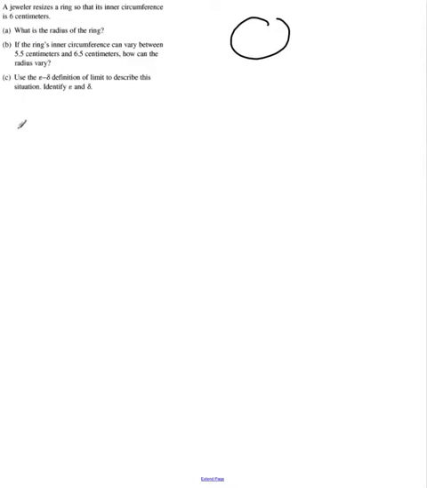All right, let's just do the simple one first. You know the circumference is 2 pi r. So r is c divided by 2 pi. So if I look for the radius of the ring, then the radius is just going to be whatever my circumference is, and that's 6 centimeters, divided by 2 pi.